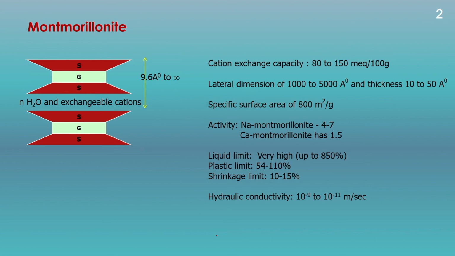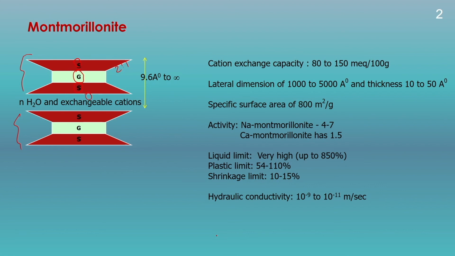In the previous classes, we learned about three different minerals. One is the montmorillonite. We know that montmorillonite has a 2:1 structure, that is 2 silica sheets are present and a gibbsite sheet is sandwiched between the 2 silica sheets, and the distance between the 2 silica sheets is 9.6 angstrom in dry state, and in between these 2 sheets there will be exchangeable cations.